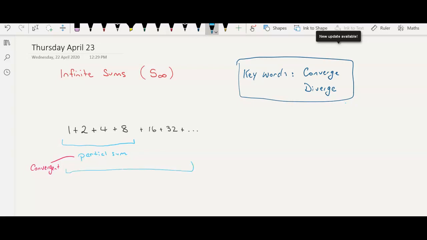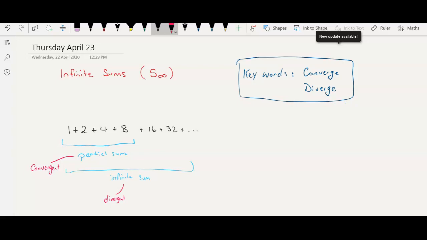This thing here is an infinite sum, and that certainly does not converge. This is very much a divergent result. So 15, 31, 63, it goes on. It's just going to get larger. It's going to get infinitely large.